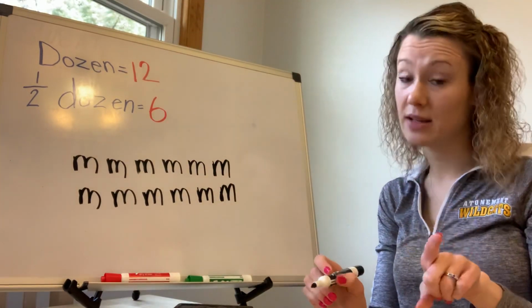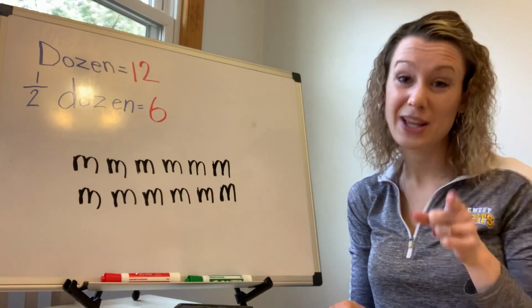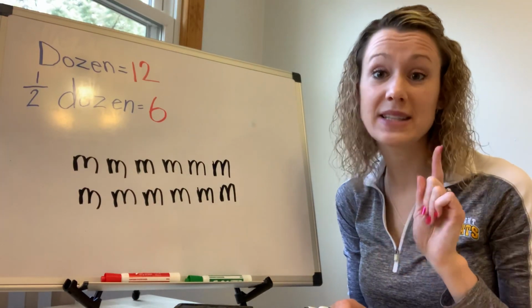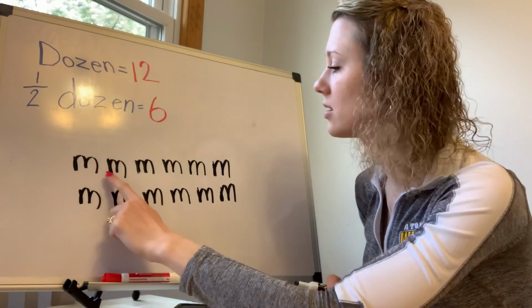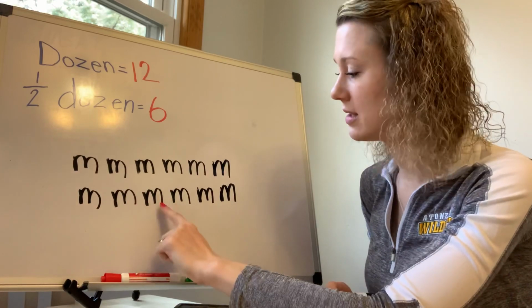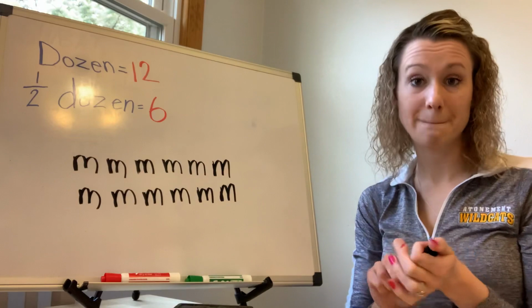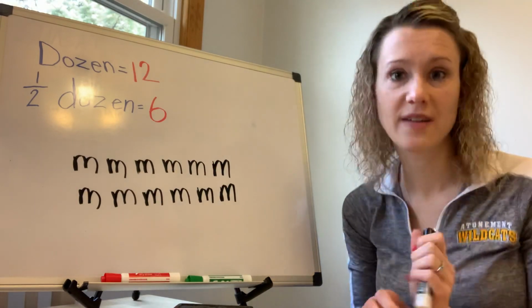Now I'm going to double check to make sure that I have 12 because I might have counted wrong the first time. You know, smart mathematicians always double check. So let's double check. 1, 2, 3, 4, 5, 6, 7, 8, 9, 10, 11, 12. All right, so mom made 12 muffins.